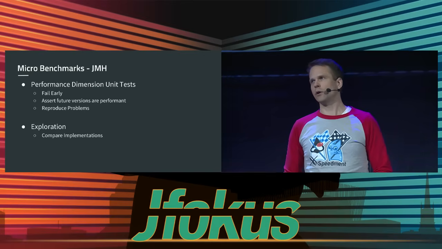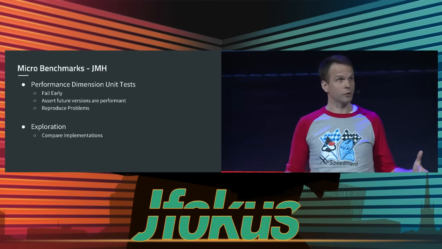Then micro-benchmarks, of course, are also there for exploration. Actually finding out, is this super smart algorithm actually smarter and more performant than this one? Perhaps the typical use case may not be that you have two super smart algorithms to compare, but a more realistic one would be that you have your own super smart implementation.